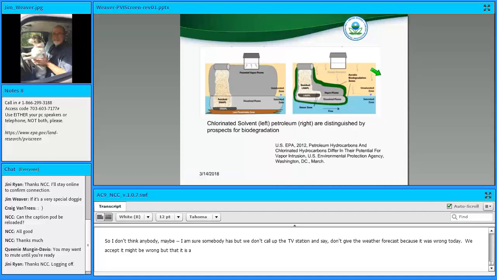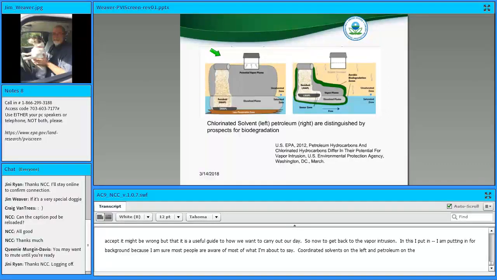Okay, so now to get back to vapor intrusion. And this I'm putting in for background because I'm sure most people are aware of most of what I'm about to say. Chlorinated solvents on the left and petroleum on the right are basically distinguished by their prospects for biodegradation.